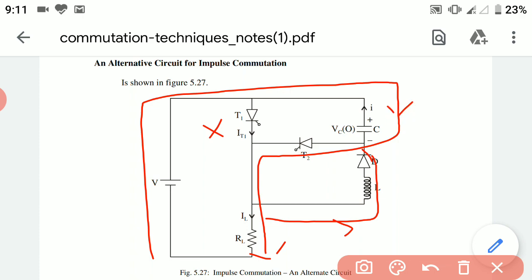So the polarities of the capacitor will again be changed, that is upper plate positive and lower plate negative.